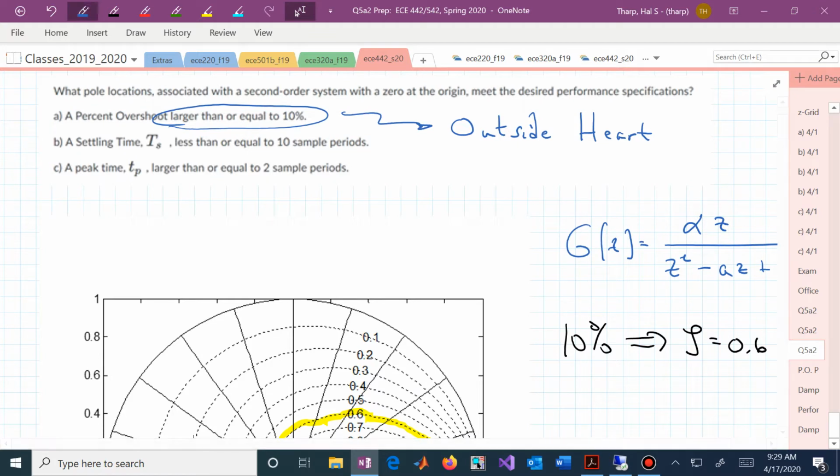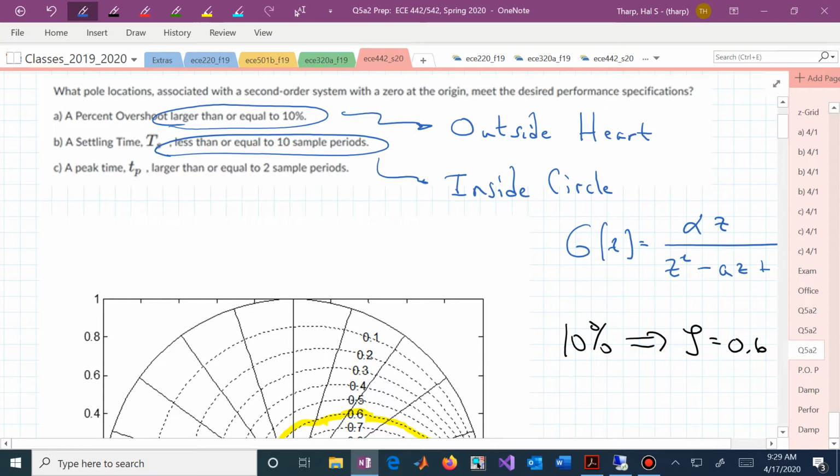The second specification says a settling time T sub s less than or equal to 10 samples. This says we are moving in the consistent direction that we're used to thinking. Now we want inside the circle.